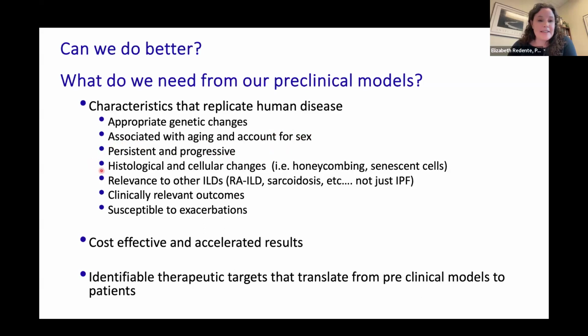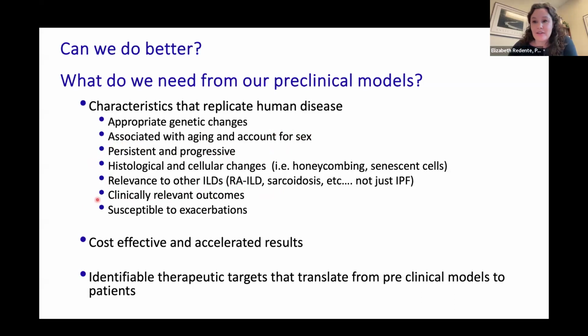It would be fantastic to have models that have histological and cellular changes that are replicated in patient tissue, for example, honeycombing, the presence of fibroblastic foci or senescent cells, and relevance to other ILDs. It's not just IPF that's out there, but looking at rheumatoid arthritis-associated ILD, sarcoidosis, etc.